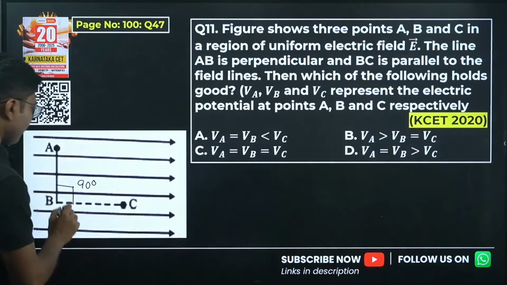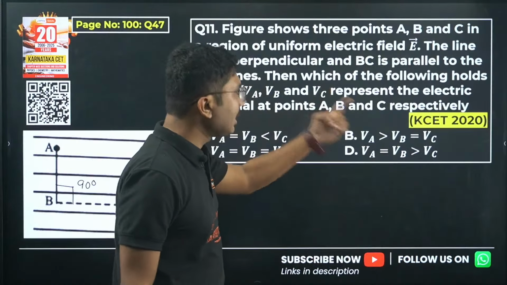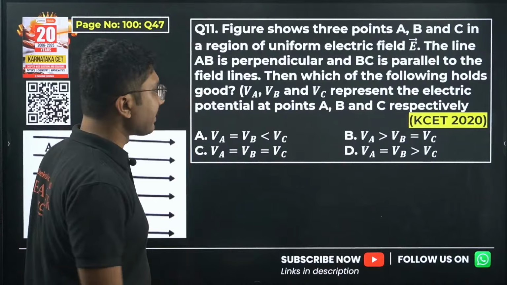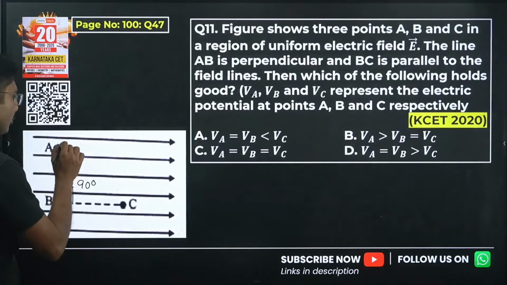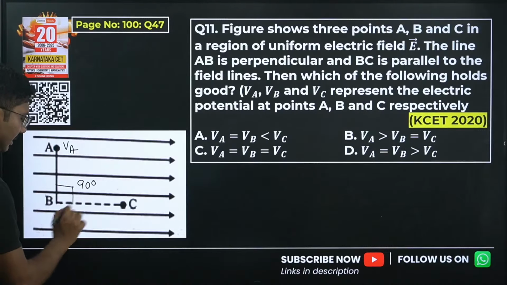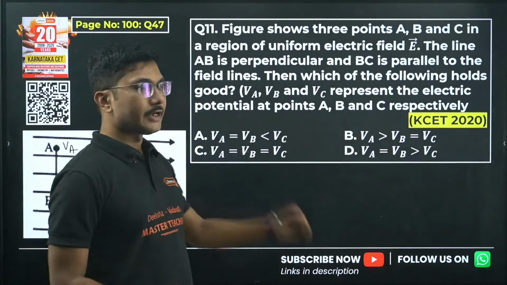BC is parallel to the electric field. Then which of the following holds good? VA, VB and VC represent the electric potential at points A, B and C respectively. So which of the following relations is correct?